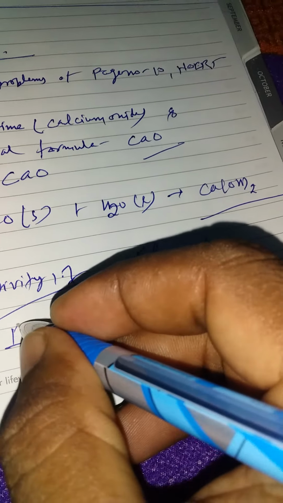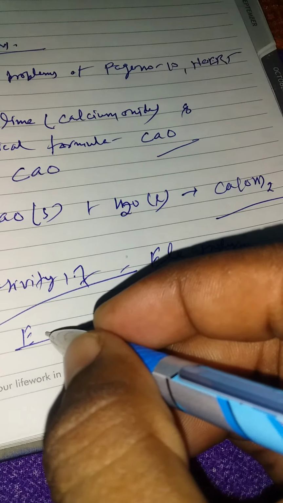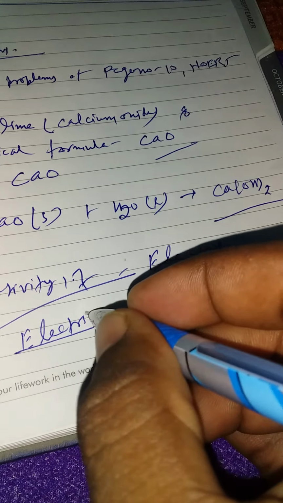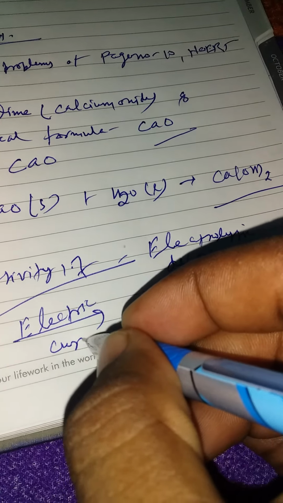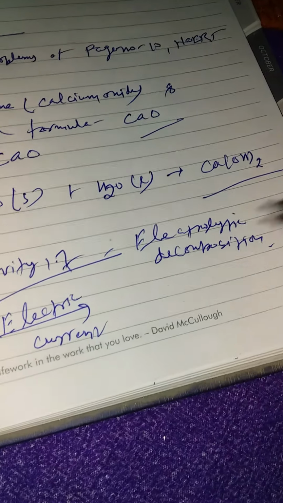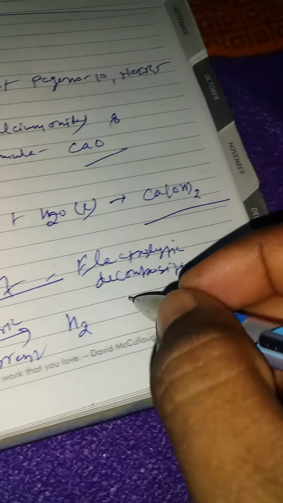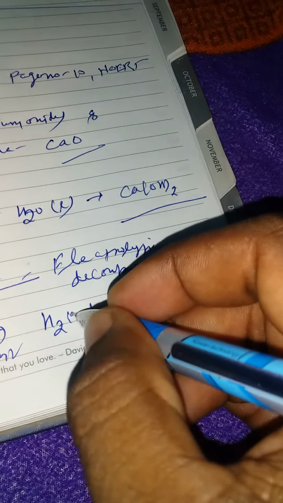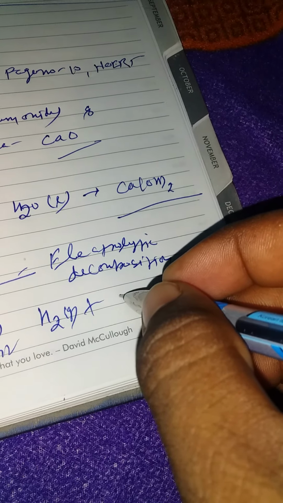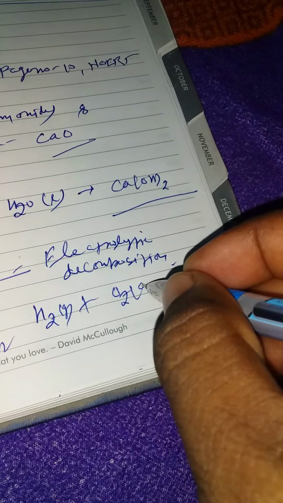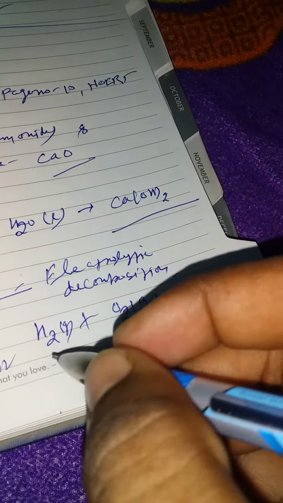In activity 1.7, water decomposes in the presence of electric current. It gives hydrogen gas as well as oxygen gas.